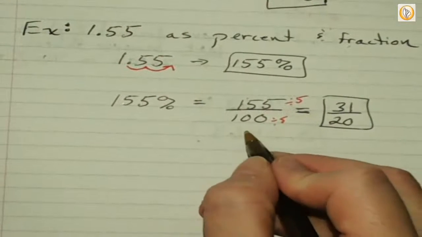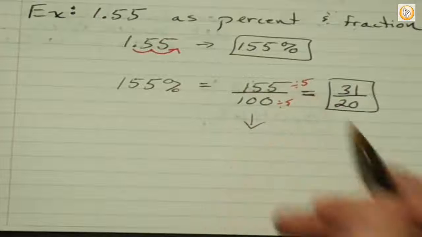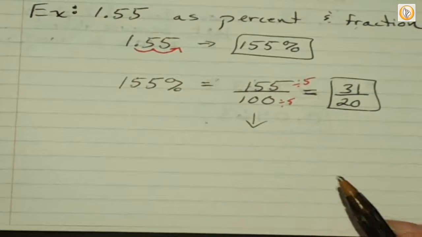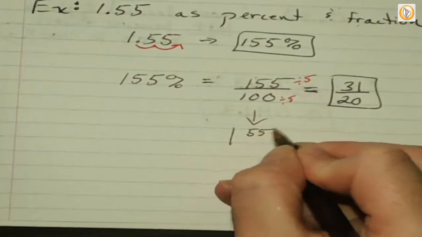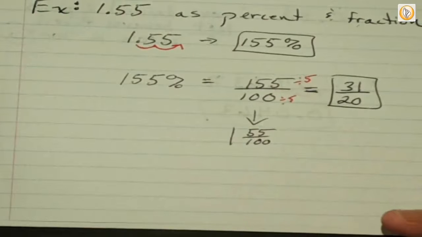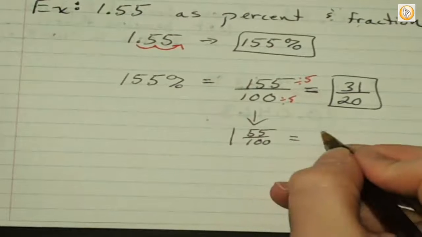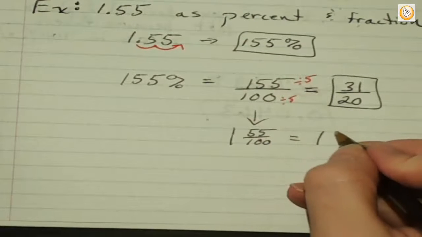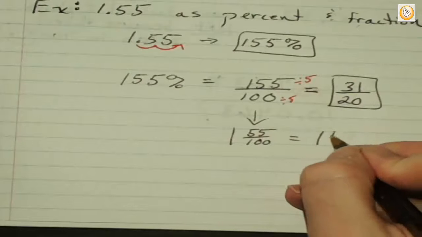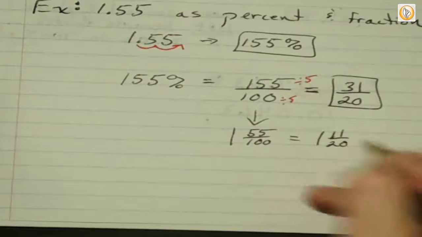Could you also, since it's 155 over 100, could you also do 1 and 55 over 100? That would be what? 1 and 11 over 20.